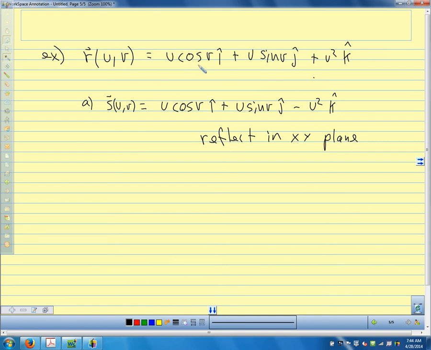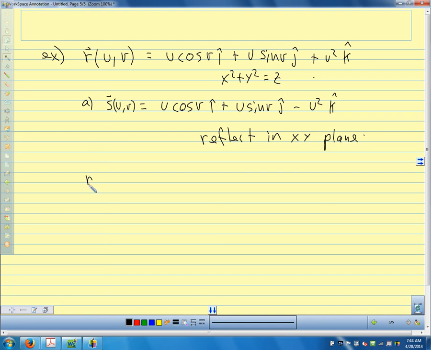I get a u squared cosine squared v, a u squared sine squared v. So I end up with x squared plus y squared equals z. So this is a, what kind of surface? Paraboloid. And what's our axis? Z-axis. So our z-axis is our axis.